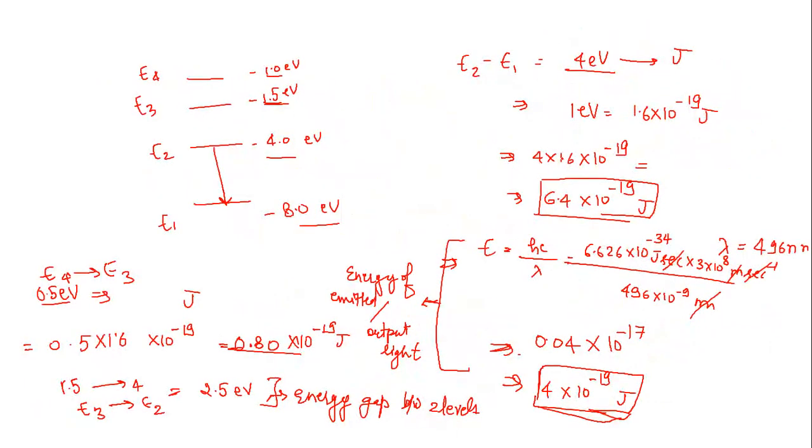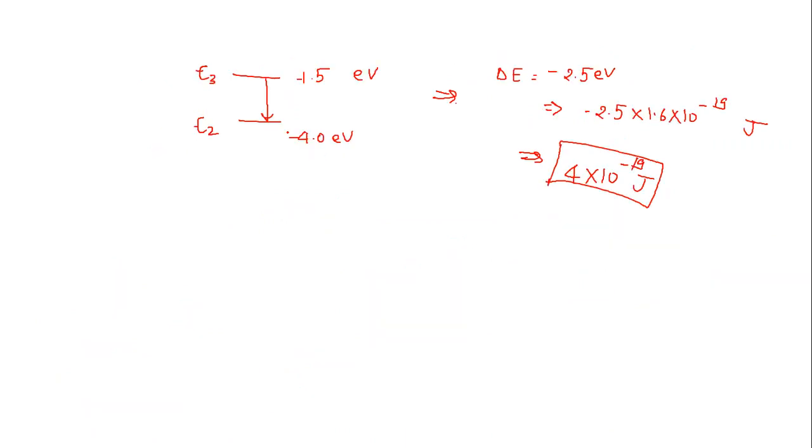As I said, there are different transitions. The different transitions which can happen are E2 to E1, E3 to E2, E4 to E3, E3 to E1, E4 to E2, and E4 to E1. But the greater the energy gap, the lower the wavelength would be. For such types of questions, we always calculate in terms of energy.